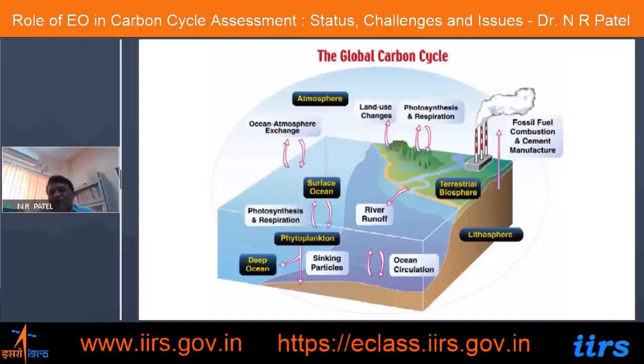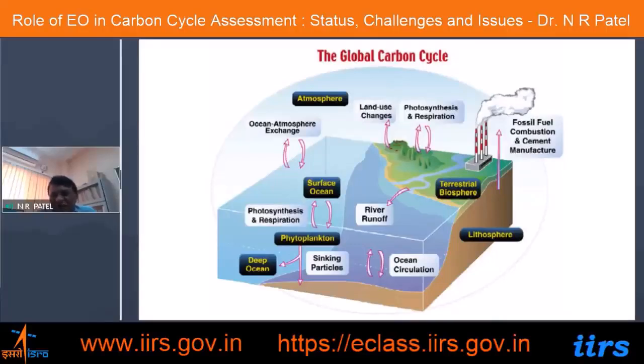So there is a rising of atmospheric CO2 because of this fossil fuel, even though the carbon sink is also improving. Earlier, in the 1990s, it was 3.2 petagram. Petagram is 10 raised to 15 gram carbon. So 3.2 petagram carbon was taken up by land and ocean in the 1990s.